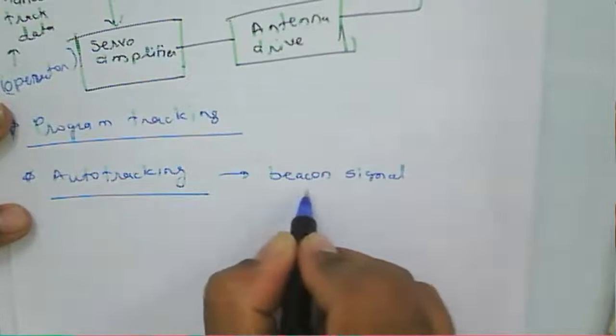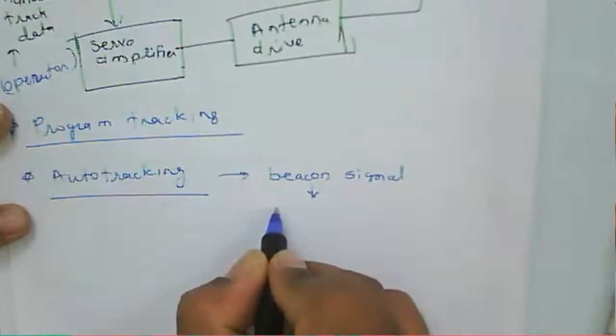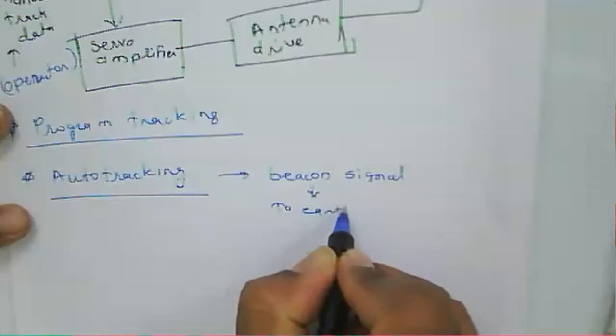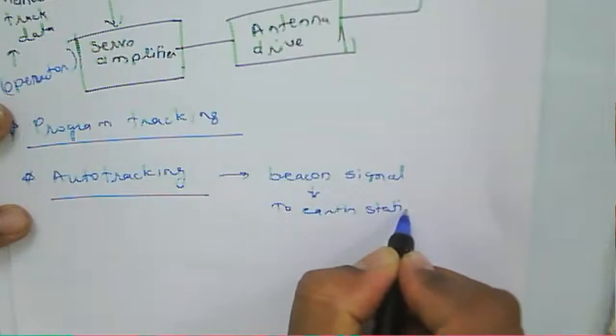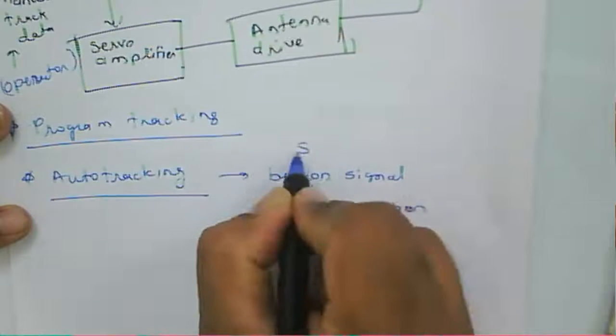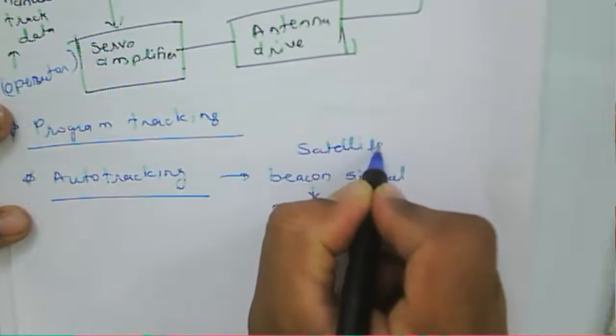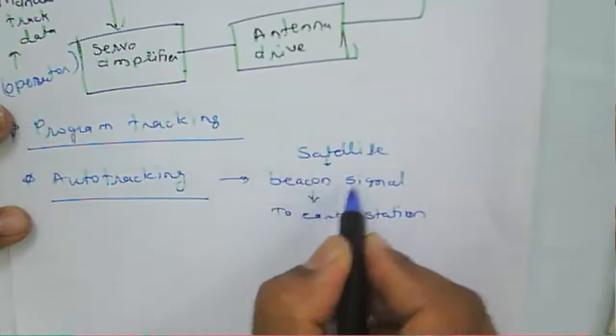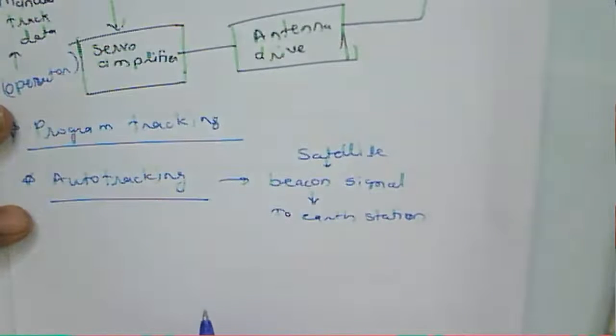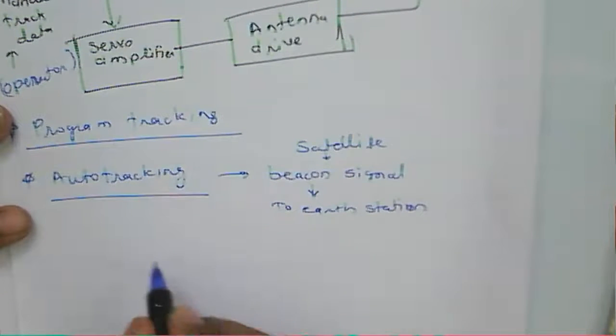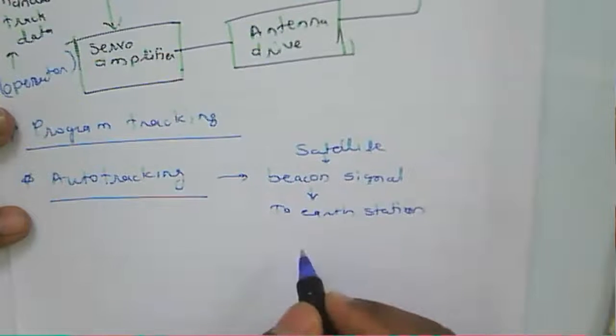The beacon signal is transmitted to the Earth station. Okay, the satellite sends the beacon signal to the Earth station, and the Earth station receives that beacon signal.